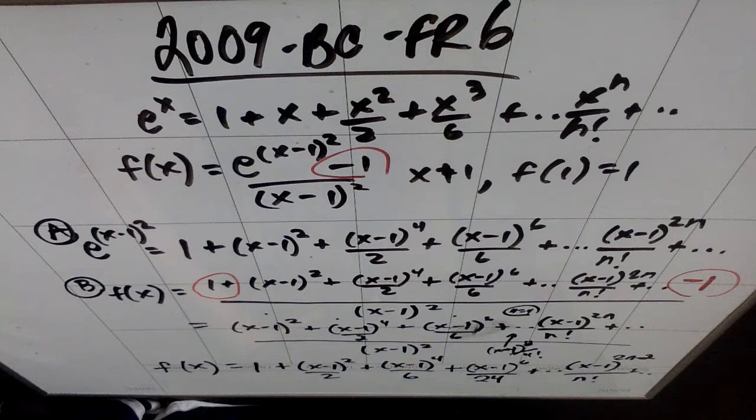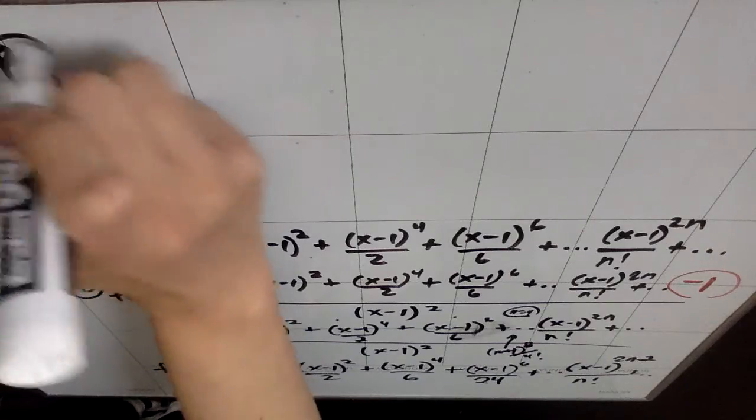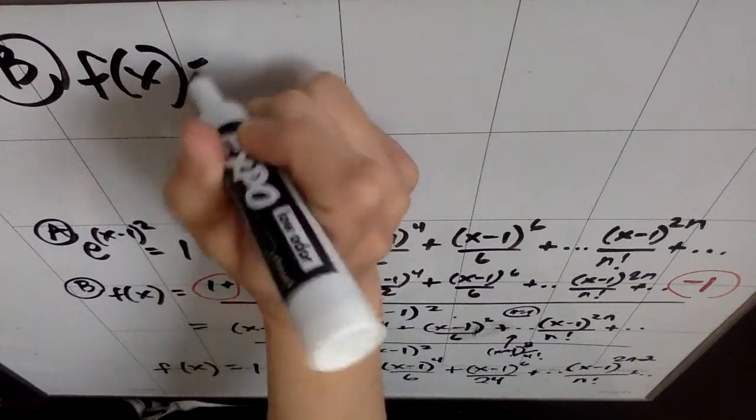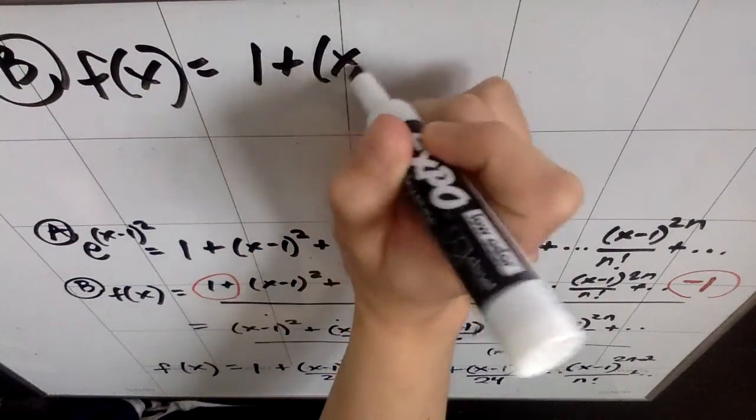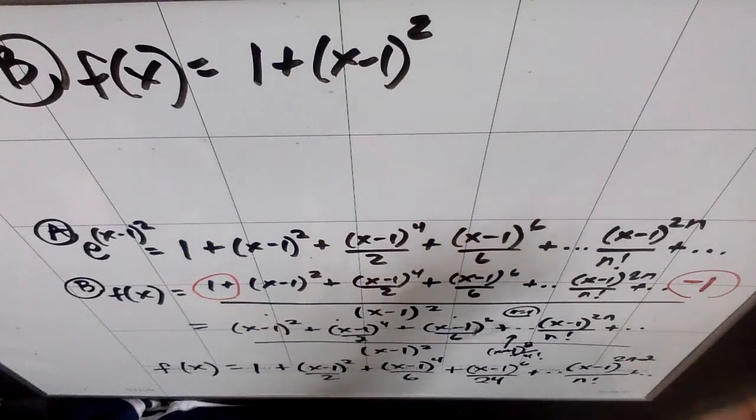All right, part C. Use the ratio test to find the interval of convergence for the Taylor series found in part B. Okay, so we need the Taylor series in part B, which was this guy. So I'm going to write him down just so we have him up at the top, because it's no fun when you don't have it, right? So let's recopy our answer for part B. Oh, sorry, that's the one we just found.